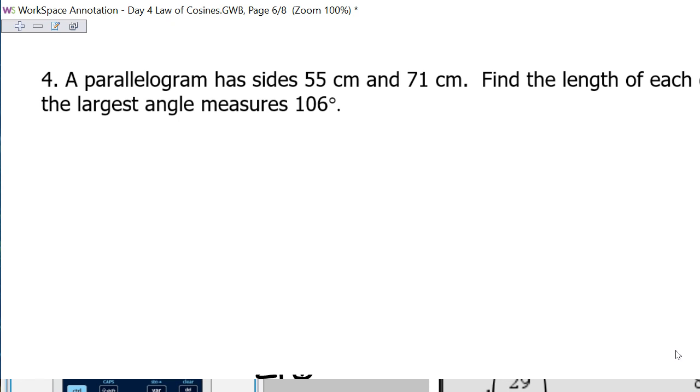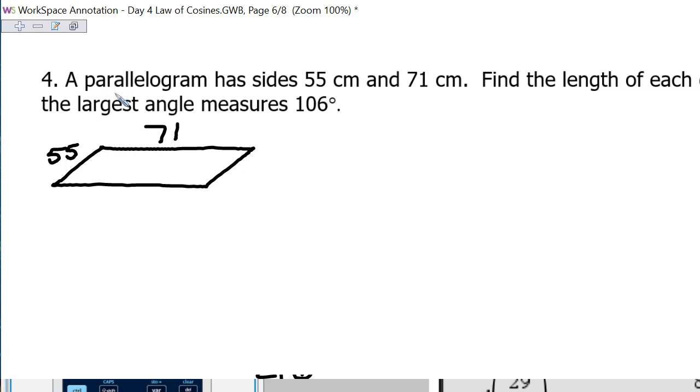Okay, number 4, it says that a parallelogram has sides of 55 centimeters and 71 centimeters. Find the length of each diagonal to the nearest tenth if the largest angle measures 106 degrees. I'm going to draw a parallelogram. And the sides are 55 and 71.